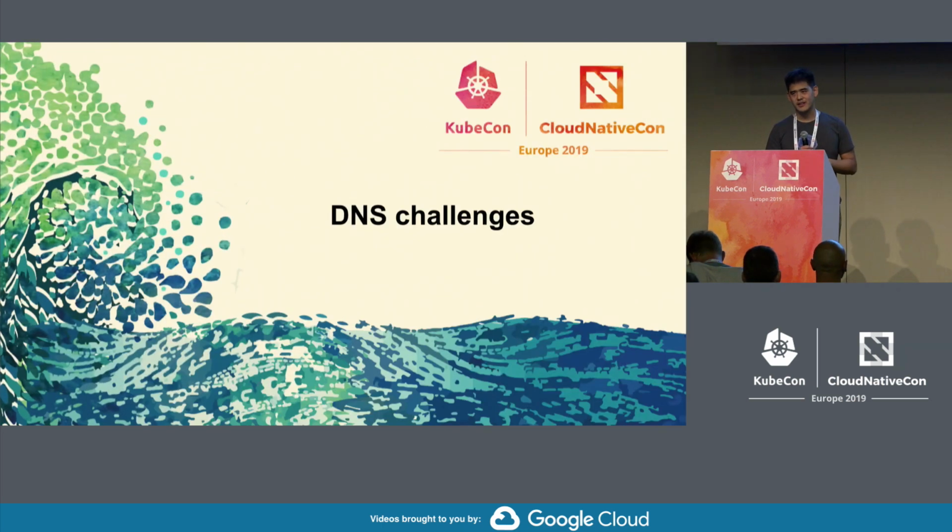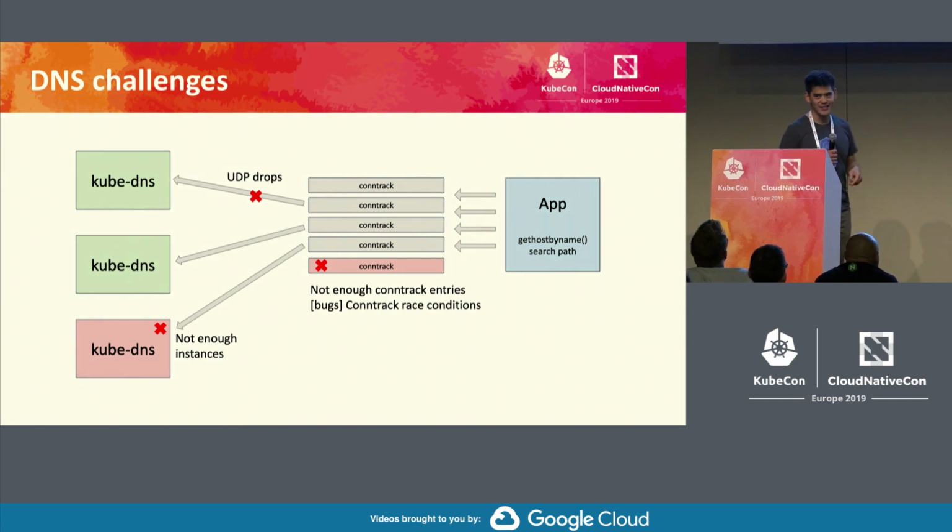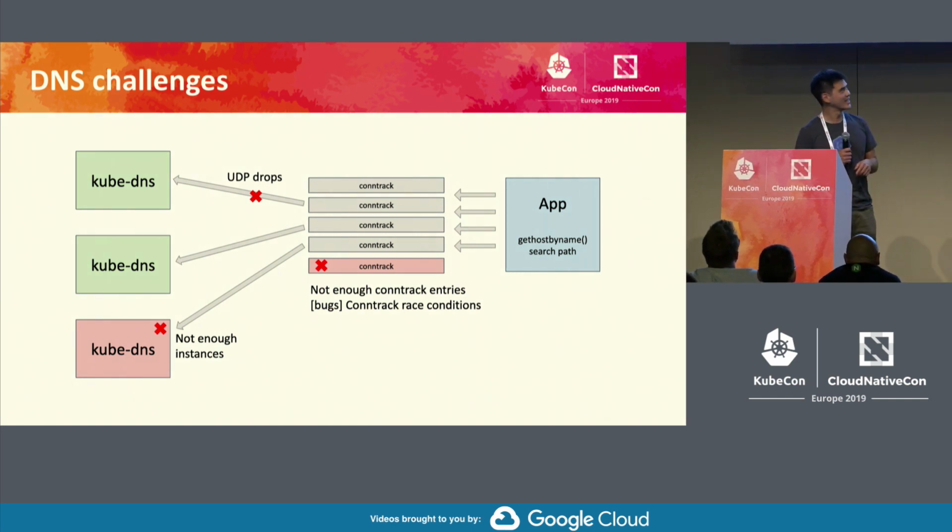Finally, let's talk about DNS challenges. A lot of people have run into this, so this is a summary of the DNS challenges that people have seen. You have an application, let's say in Node.js or Ruby, and what it does is getHostByName, or hopefully the recursive variant. It has a search path, which means that the number of queries gets amplified quite a bit.